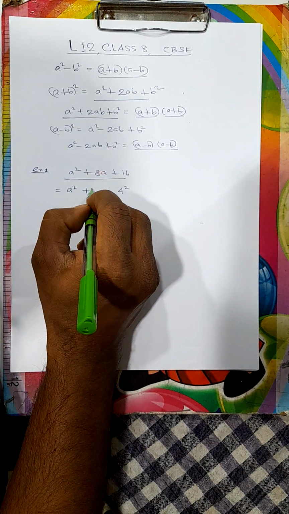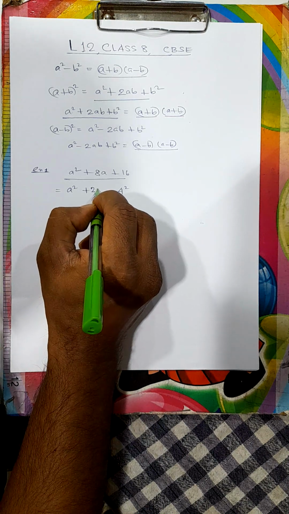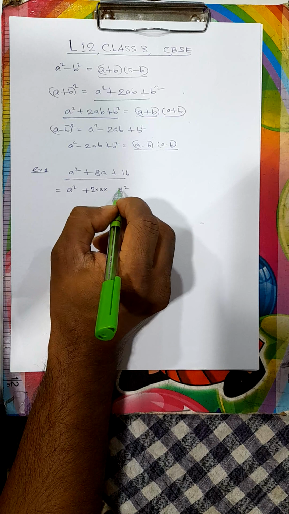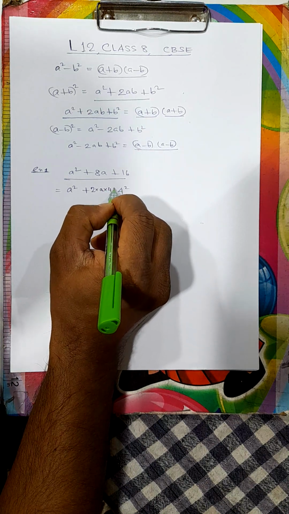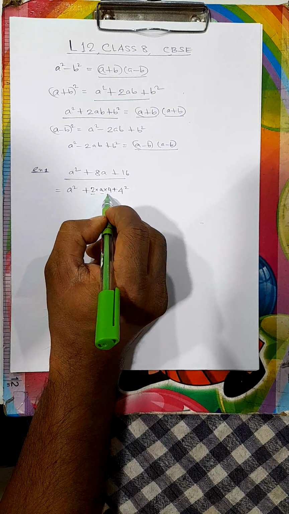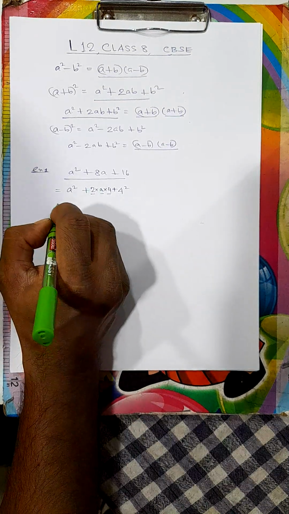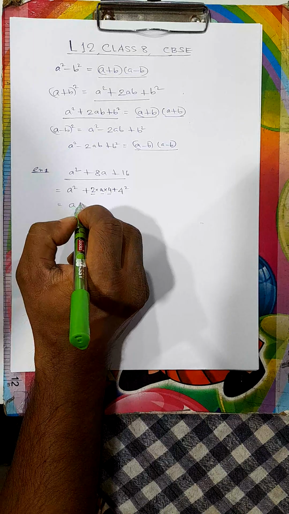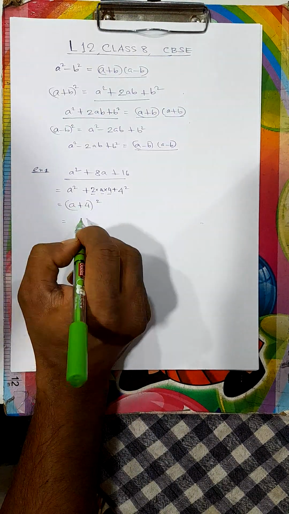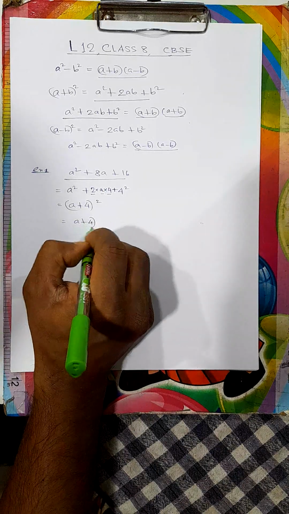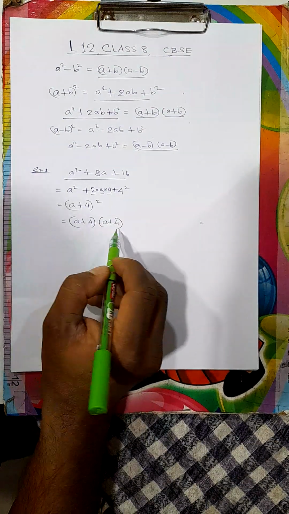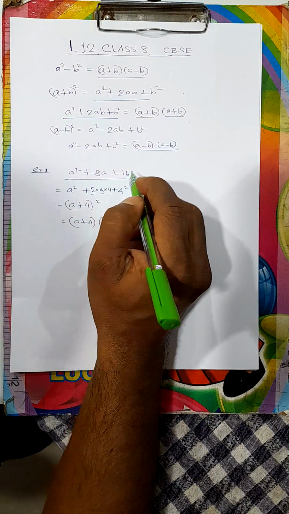Twice the first term means a multiplied by the second term, 4. So it is a square plus twice of a multiplied by b plus b square. So you can write it as a perfect square, a plus 4 whole square. A plus 4 whole square means a plus 4 multiplied by a plus 4. So this is the factor form of this algebraic expression, right?